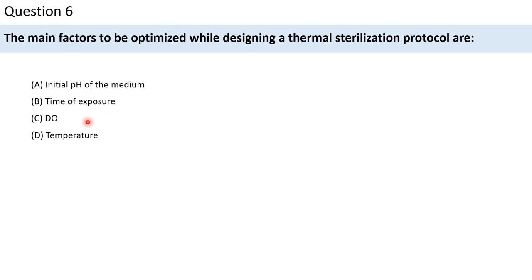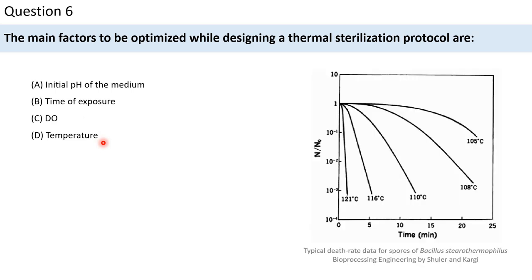DO, and temperature. So to understand this, we have to see the thermal death rate curve. What is being shown here is N by N naught, which is the viable cell concentration at that minute divided by the viable cell concentration at the initial time point, across different time points.